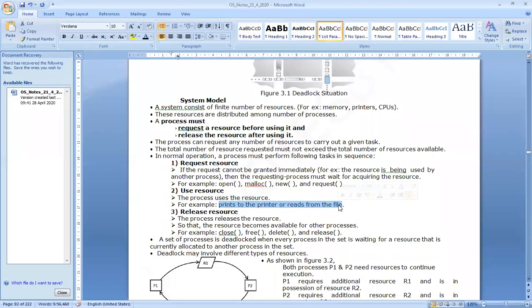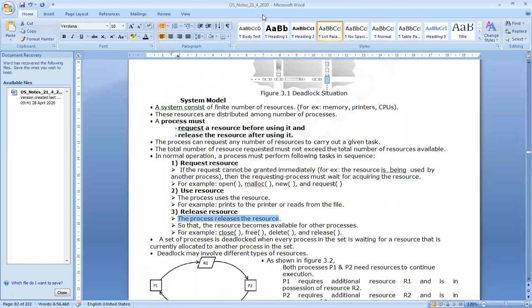And finally we have the release of resource. What is release of resource? The process releases the resource. Whenever the process executes its job by using a particular resource, then the process releases that resource. That is called release of resource.